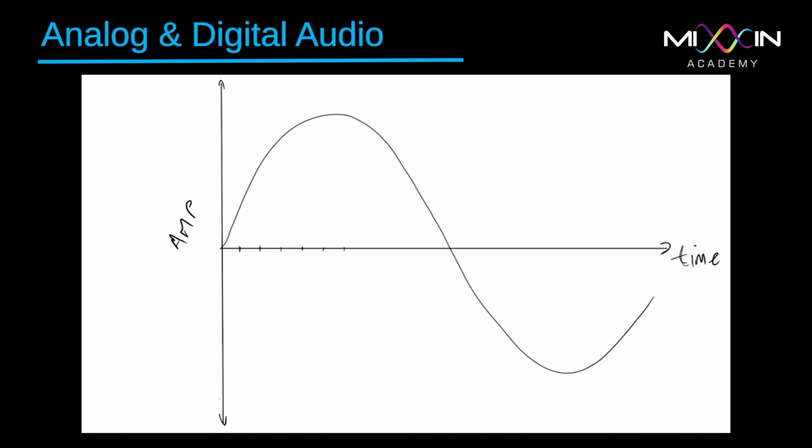And at each one of those regular intervals, it will remember the value that the voltage, that the signal had at that point in time. So a discrete value of the signal at that point in time, as such.